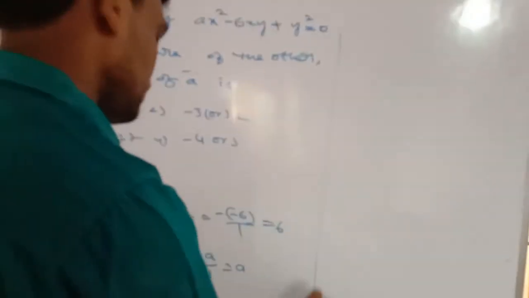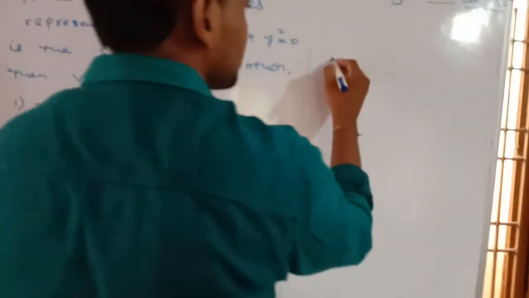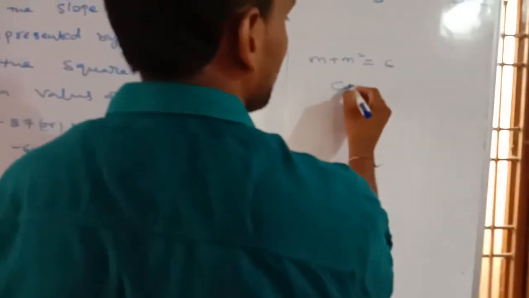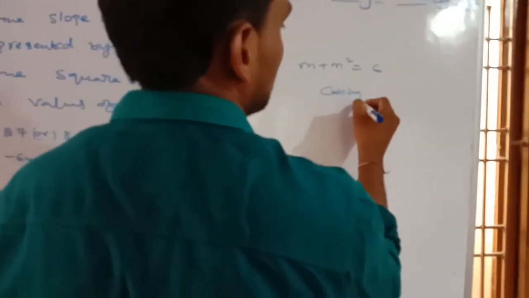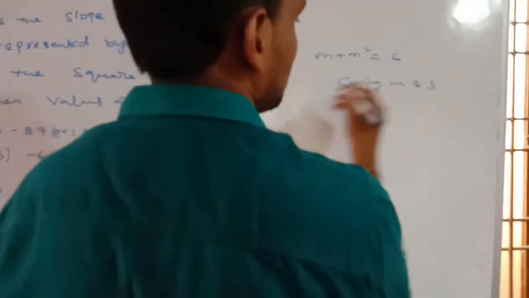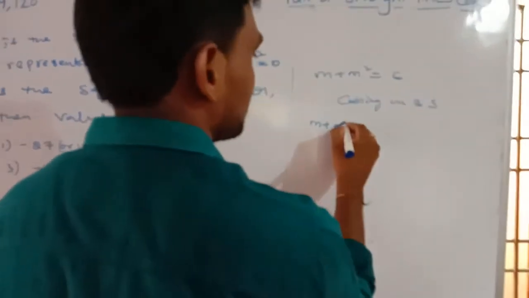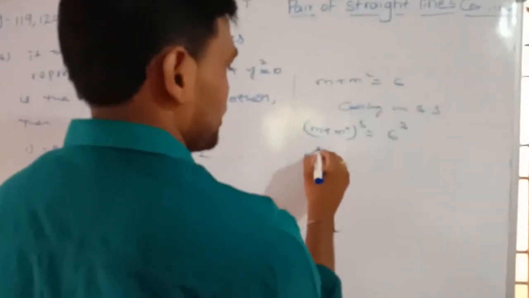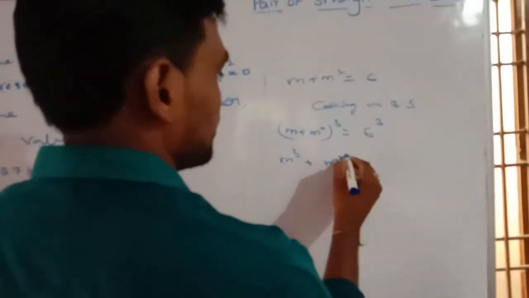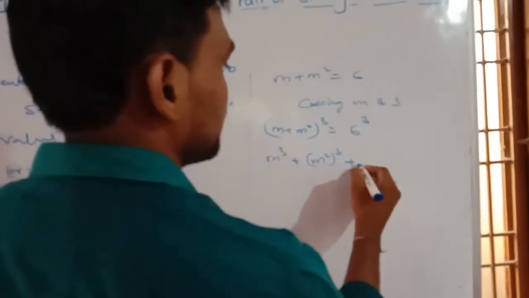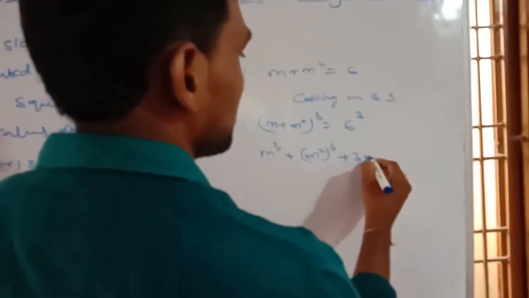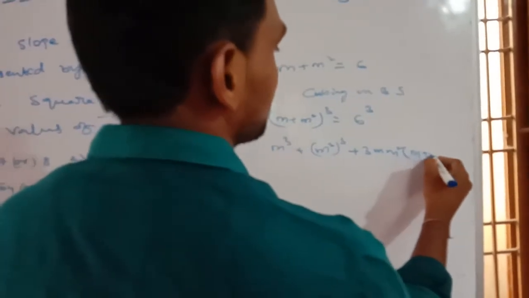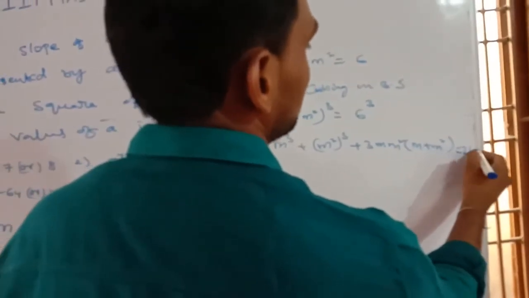Okay. Now m plus m² is equal to 6. Now cubing on both sides, that means (m plus m²) whole cube is equal to 6 cube. Now m³ plus (m²)³ plus 3m² into (m plus m²) is equal to 216.